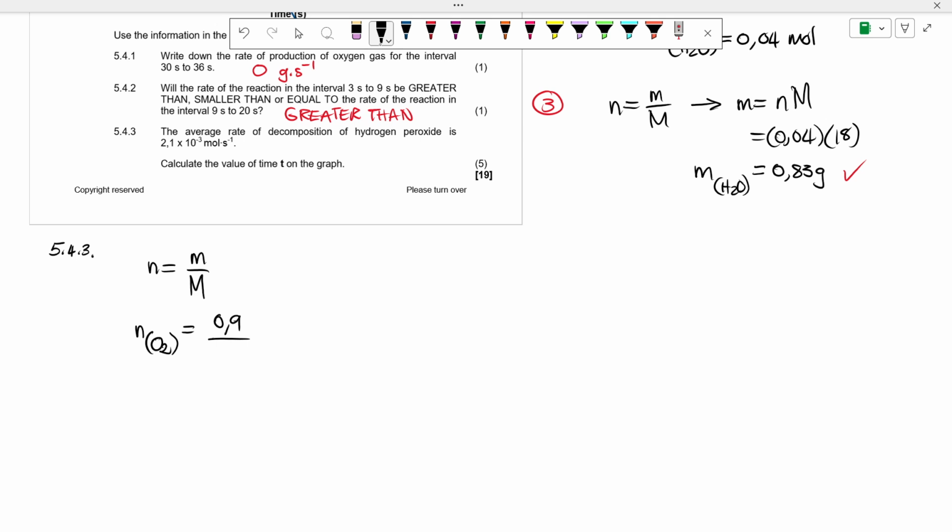And what is the molar mass of oxygen? 32. Okay. Then what do we get? 0.028125.